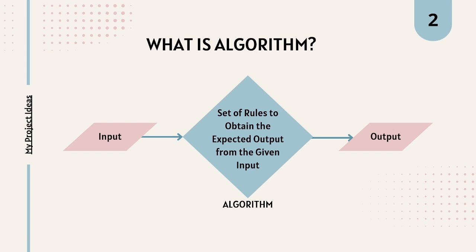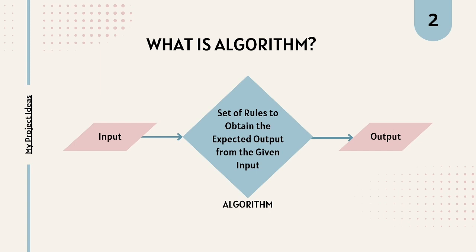So you are going to give an input, and based on a certain set of rules, you are going to get an output. So an algorithm just shows the ways in which you are working. From the algorithm, basically a flowchart is drawn which gives the overview of what functionalities your program is going to undertake.